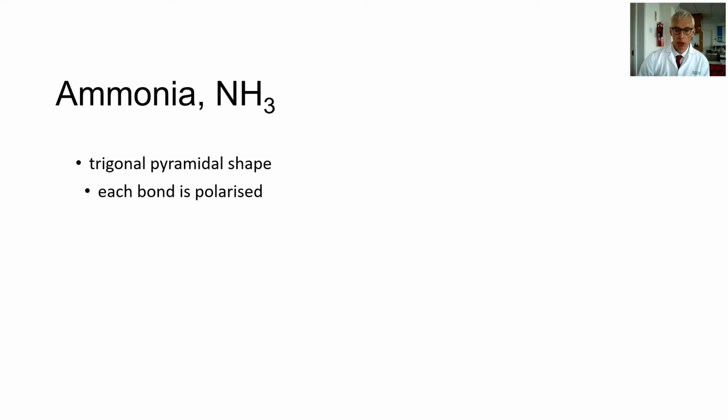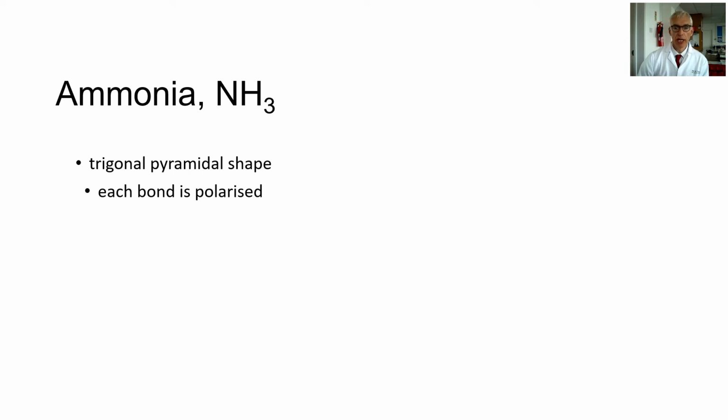So I'm going to explain the thinking behind whether ammonia is polar or non-polar. So first of all, you need to determine that ammonia is trigonal pyramidal in shape, and that there's an electronegativity difference between nitrogen and hydrogen, and therefore each bond is polarized.